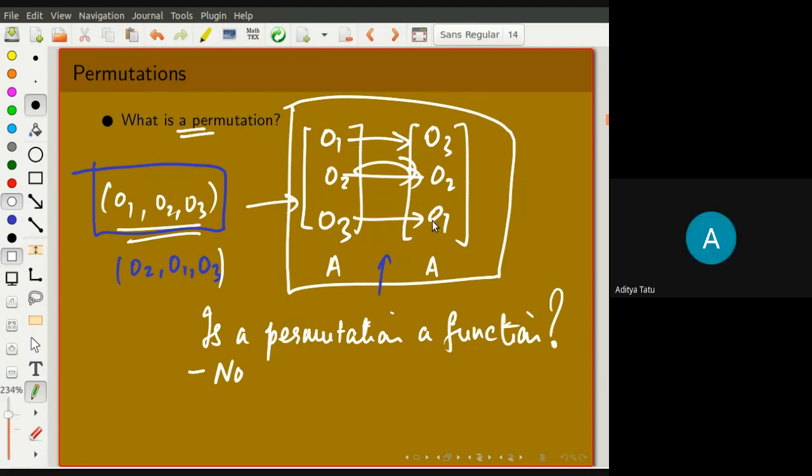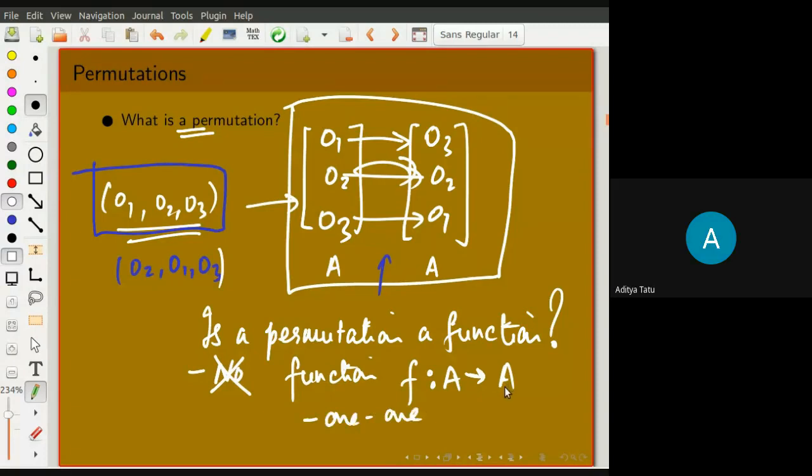Okay, so you've given me more than what I asked for. First of all, I hope you agree that it is a function, a function f from A to A, if I'm interested in permuting the set A. A permutation on a set A can be represented as a function from A to A. Now, can it be any function? It has to be one to one. Yes. One to one.